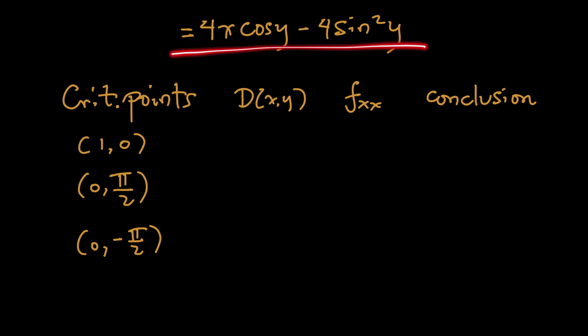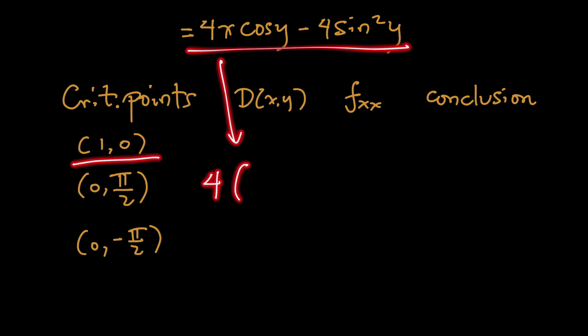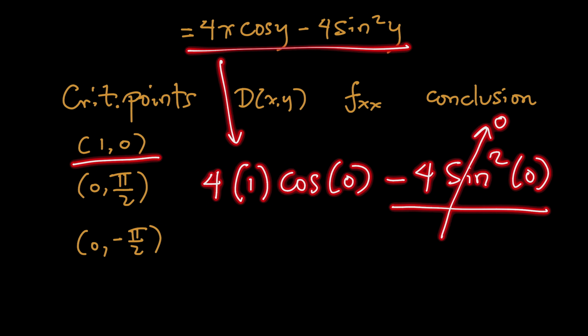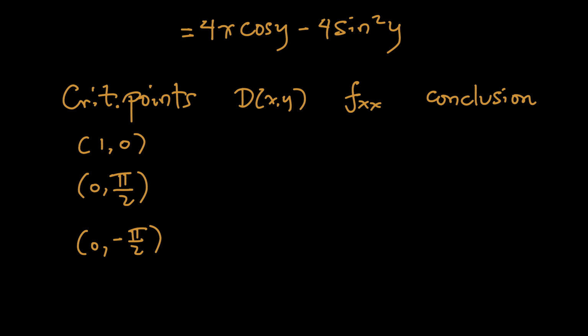Now, if you substitute (1, 0), what you'll have is 4 times 1 times cosine of 0 minus 4 times sine squared of 0. Notice that this part cancels out to 0 due to the sine value, which is 0. This one reduces to 1, and therefore we are left with 4 times 1. And hence, the value of D for this case is equal to 4.